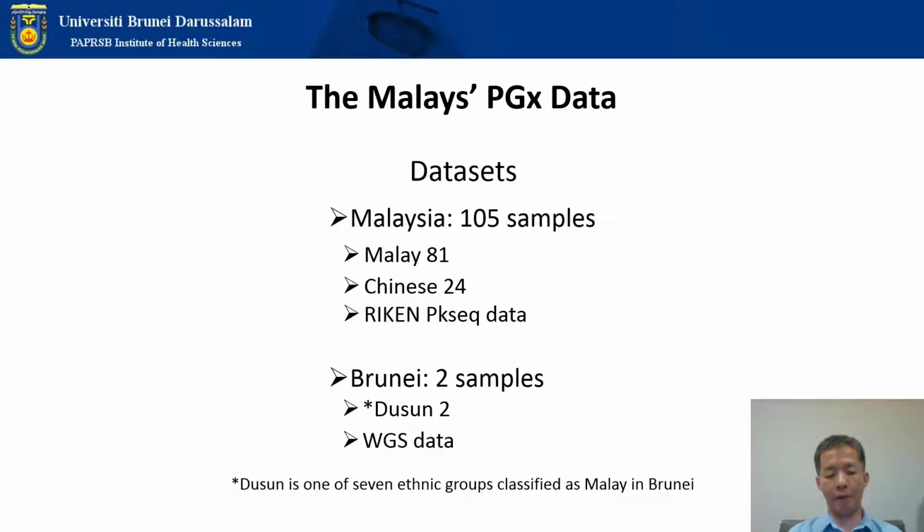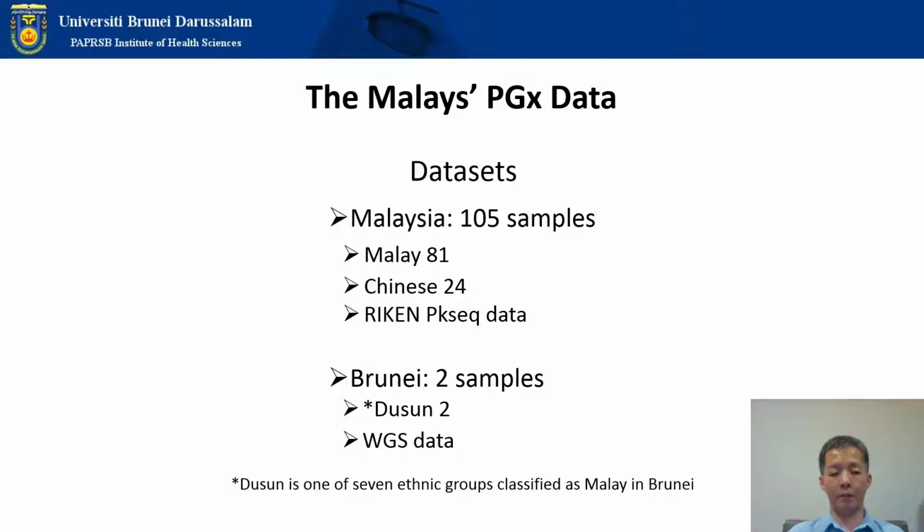There are 105 samples, of which 81 are Malays and 24 are Chinese. And then we compare them against the two Bruneian datasets, which were derived from whole genome sequencing. So for comparison, we actually took just the exon coding regions from this whole genome sequencing data.